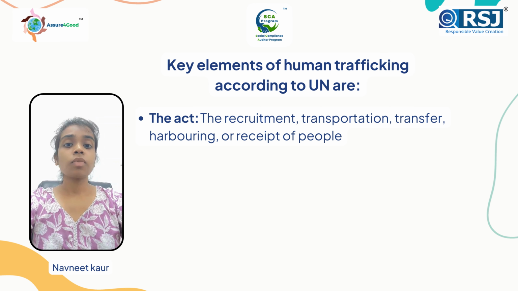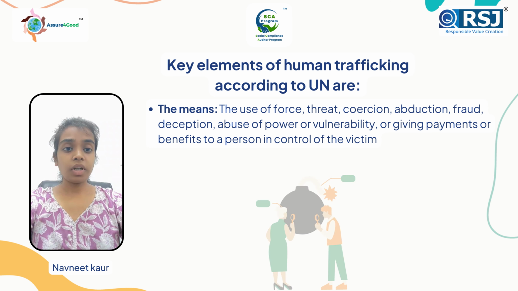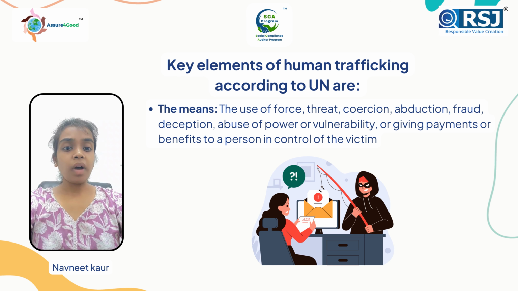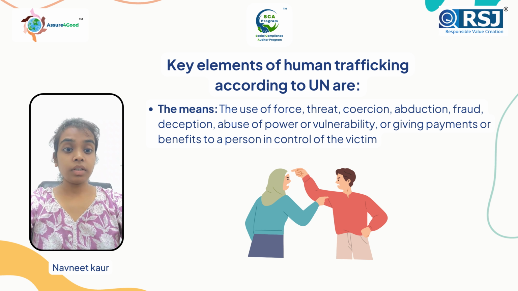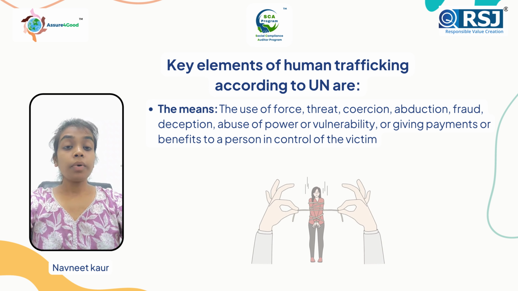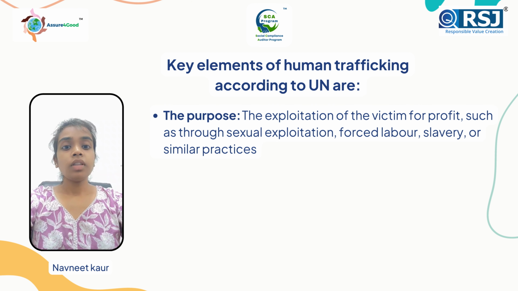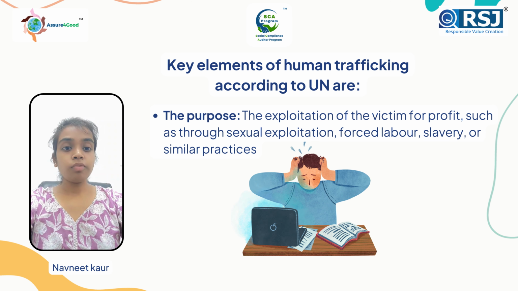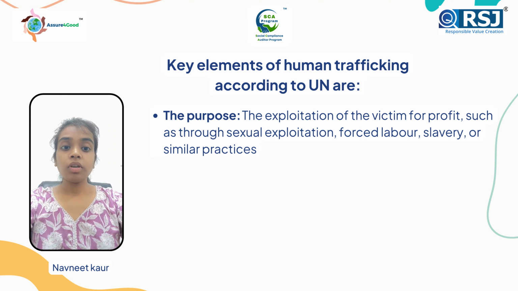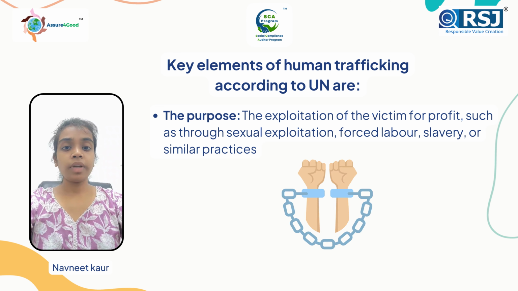The means, the use of force, threat, coercion, abduction, fraud, deception, abuse of power or vulnerability, or giving payments or benefits to a person in control of the victim. The purpose, the exploitation of the victim for profit, such as through sexual exploitation, forced labor, slavery, or similar practices.